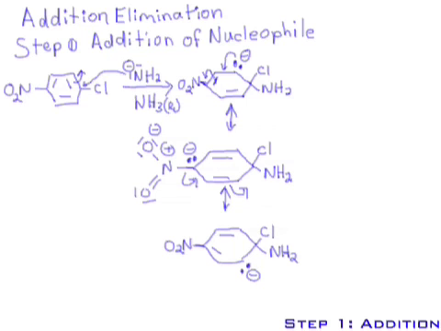Now, just to show you, you can get the same thing whether you have the meta-nitro group. If I had started, for example, with meta-nitrochlorobenzene, I would have gotten the exact same resonance contributors, except I would have an NO2 in the meta position.